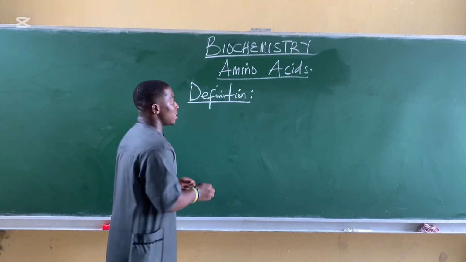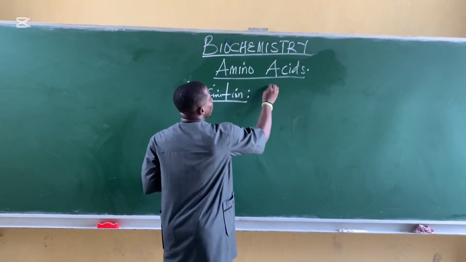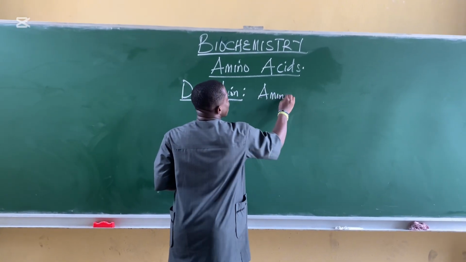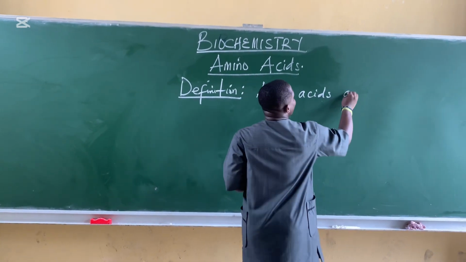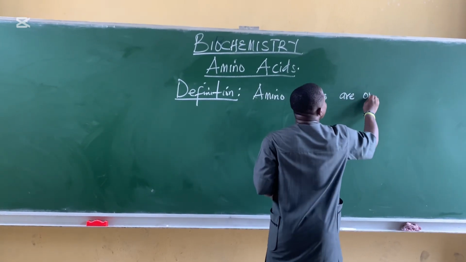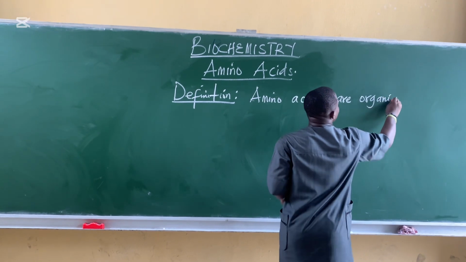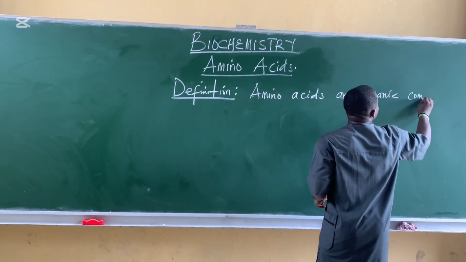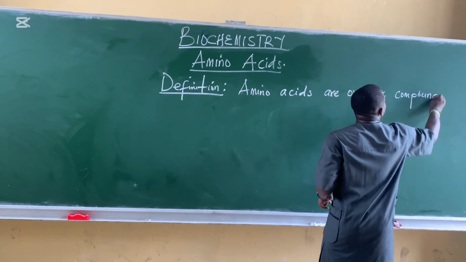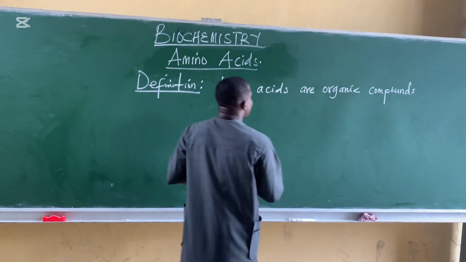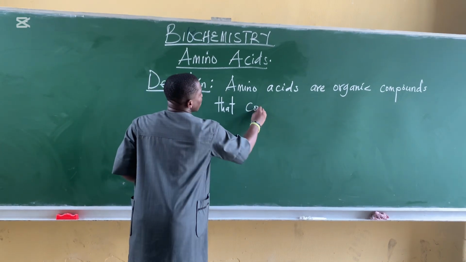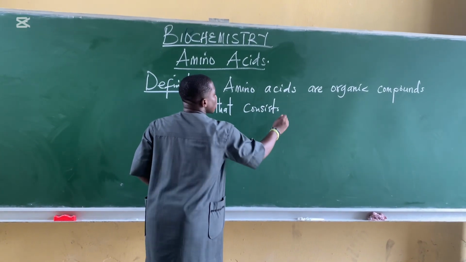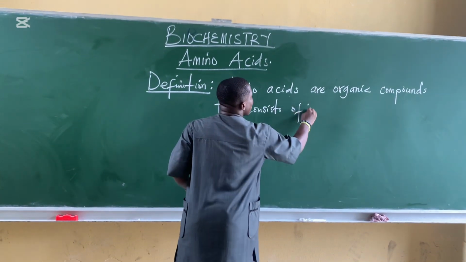Amino acids are organic compounds that consist of three groups.